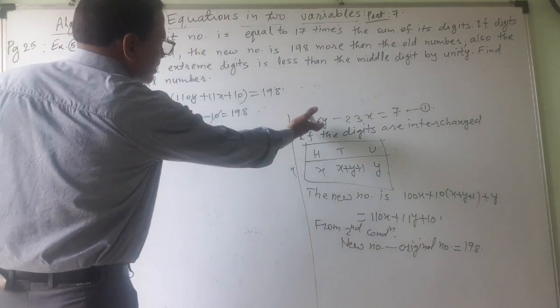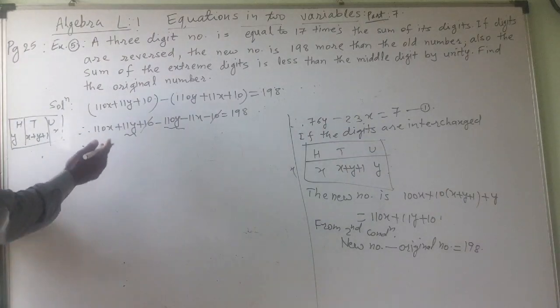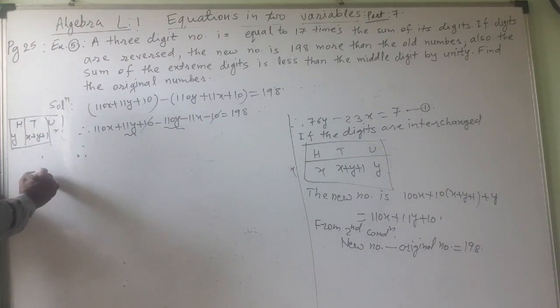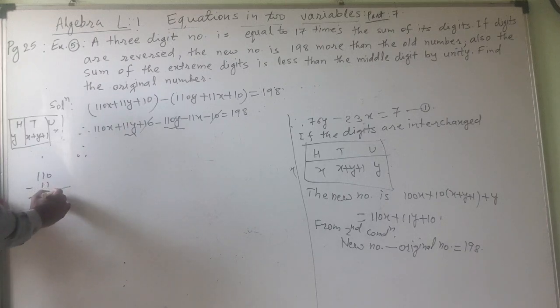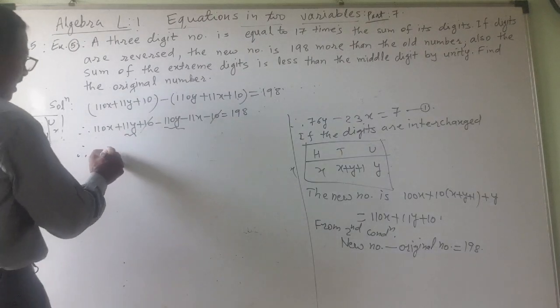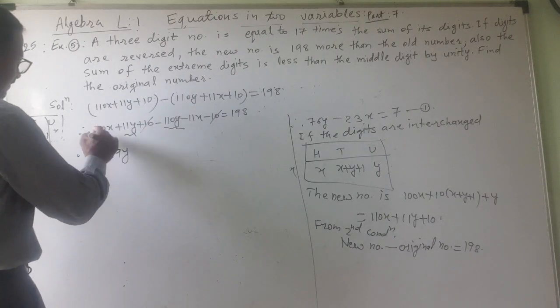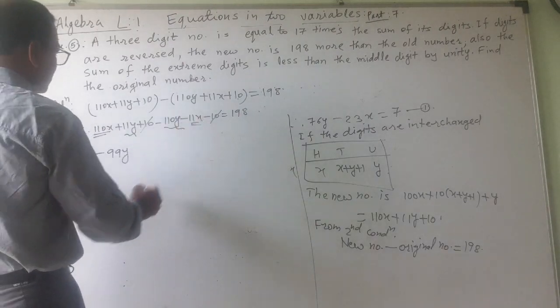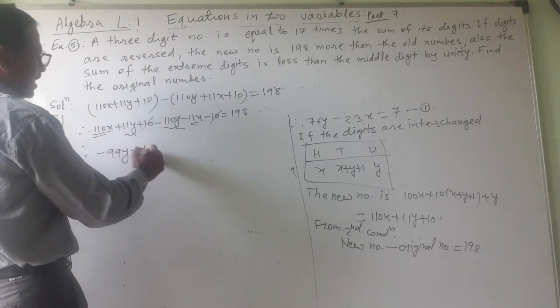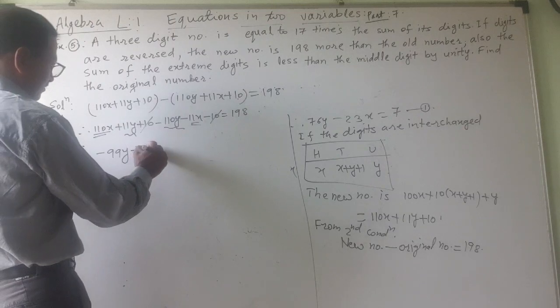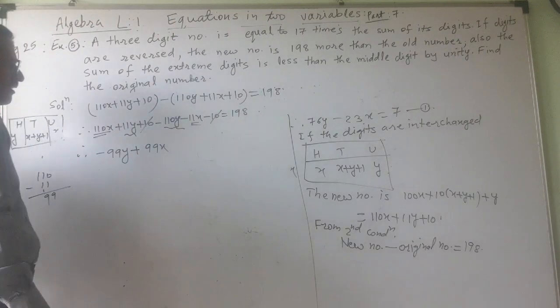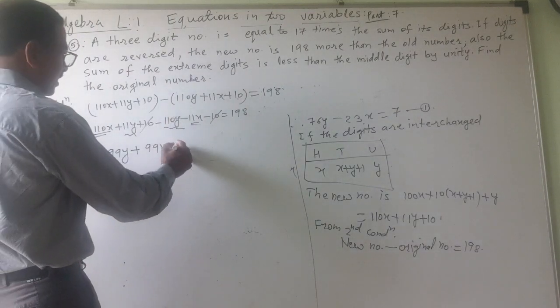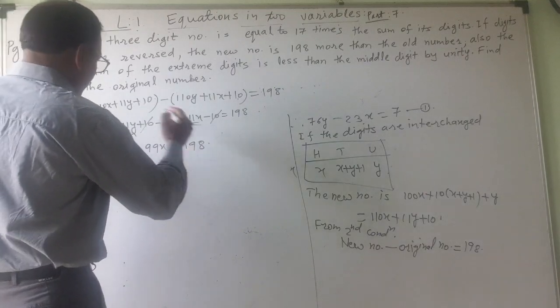So from this, in the first equation, y we have written first, so we will do that first. So 110 minus 11, so this is 99, so this will be minus 99y. Now this and this will be plus 99x. Now nothing is remaining, and that is equal to 198.